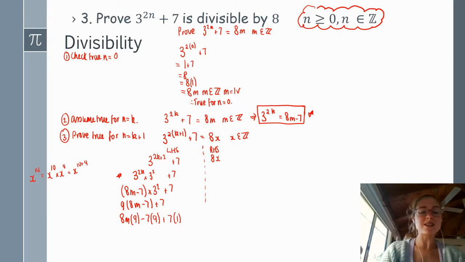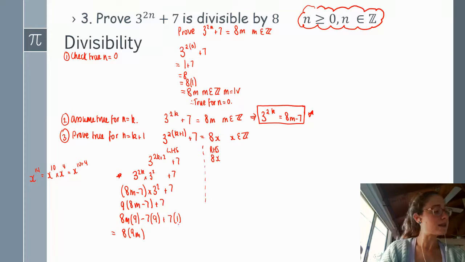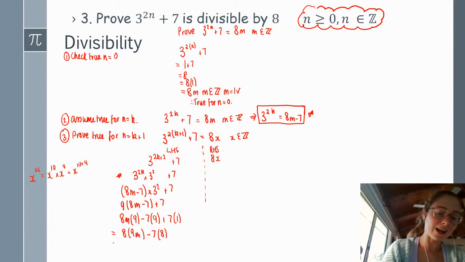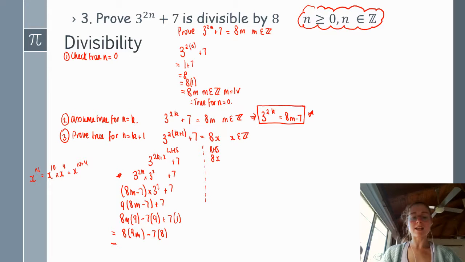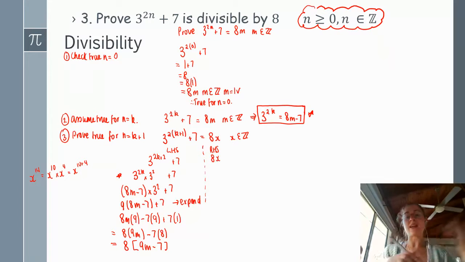Kind of like Diophantine, we see that I'll have 8 times 9m, and then minus 7 times 9 plus 7 times 1 would be minus 7 times 8. And notice here, the 8s can come out the front, so I'll get 8 times 9m minus 7. Now, of course, from this step, you can just expand and then try and factorize that 8 out the front. It will work the same way.